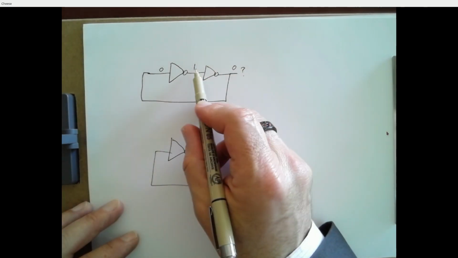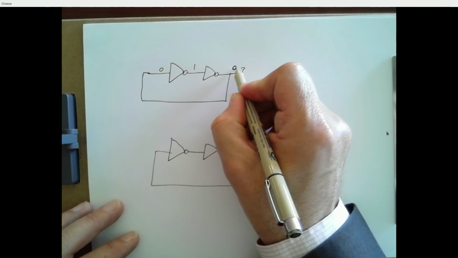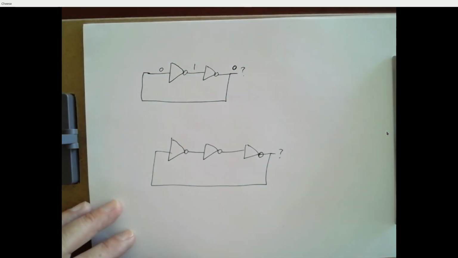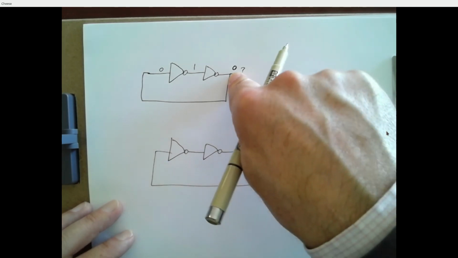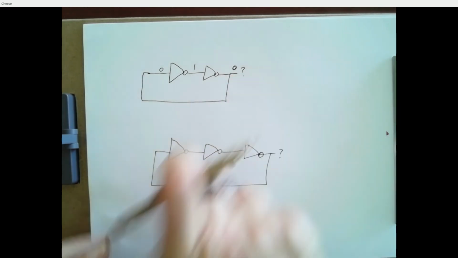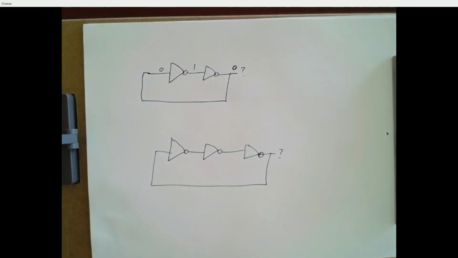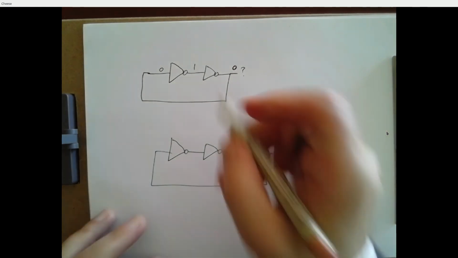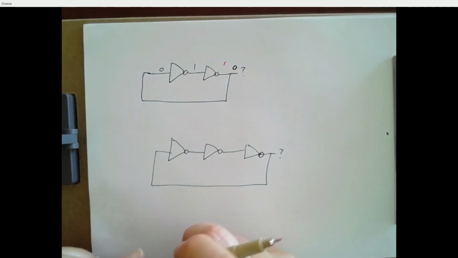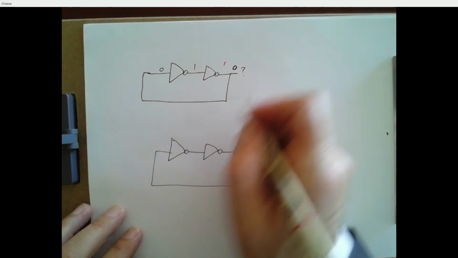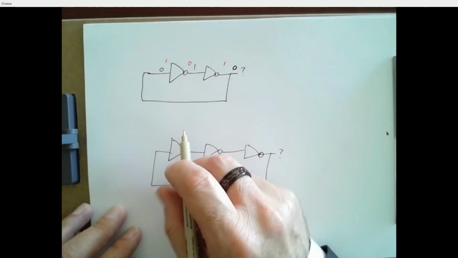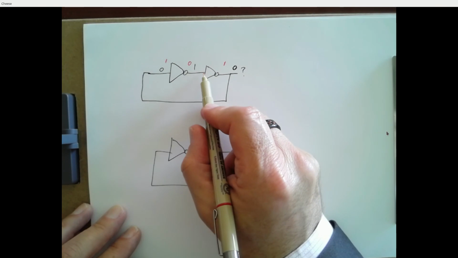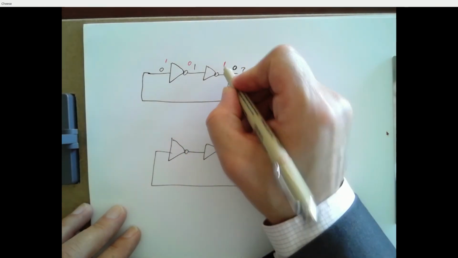And this inverter's input is 1, so its output is going to be 0. So there could be a 0 sitting here, and if there is, there's going to be a 0 sitting there forever. But it could also be the case that there's a 1 sitting here, 5 volts, and in that case the input to this inverter is a 1, so its output will be 0, and this inverter's input will be 0, which means its output will be a 1.